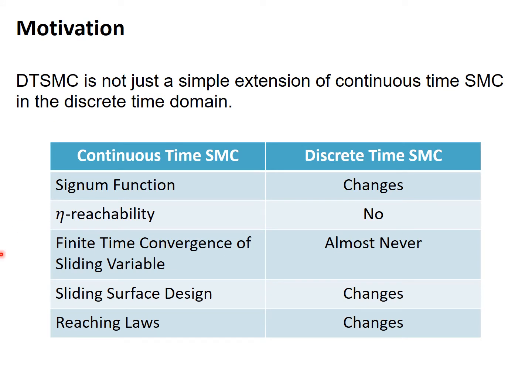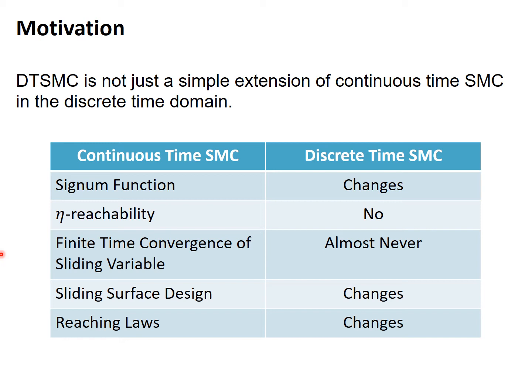As I am saying, it is not simply an extension of the continuous time system to the discrete time domain, as has been the case in most control actions. What are the changes that happen? I have listed them down here.